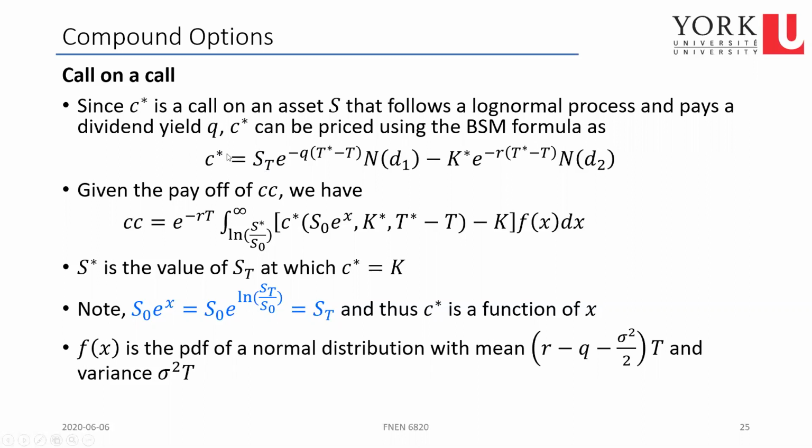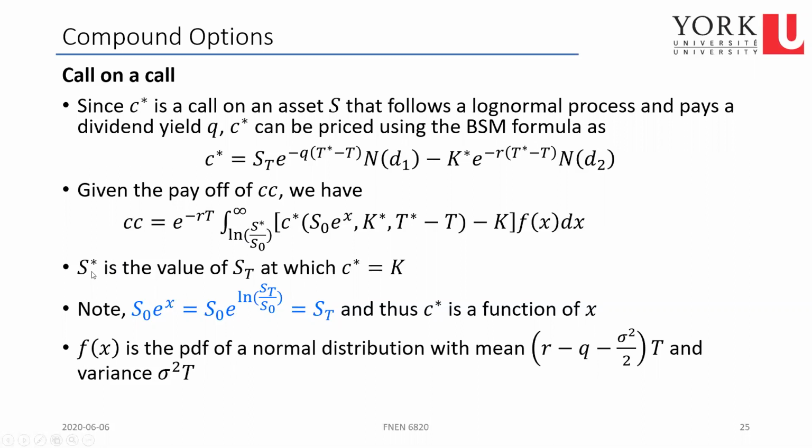So what is then the price of the compound option? Well, the compound option is the discounted expected value of the payoff. And what is the payoff? The payoff here is really when C star is in the money, to infinity. Look at that distribution there.